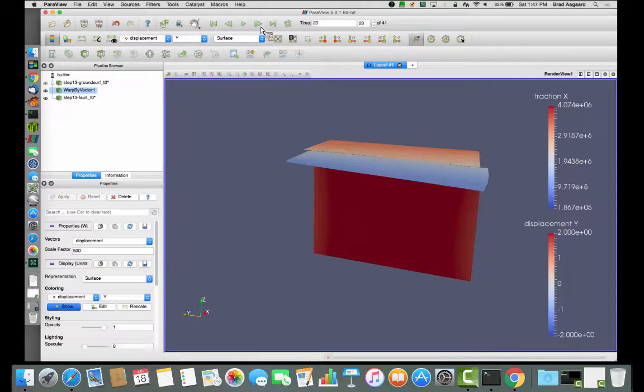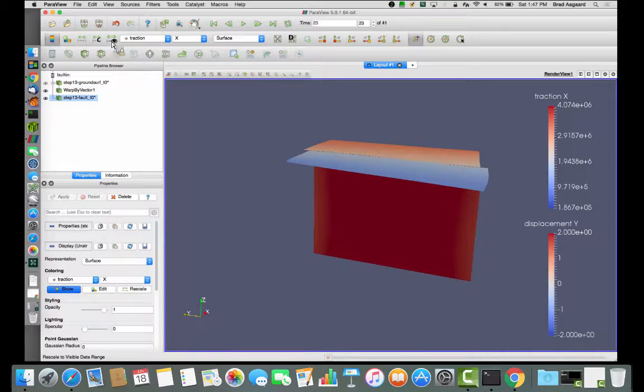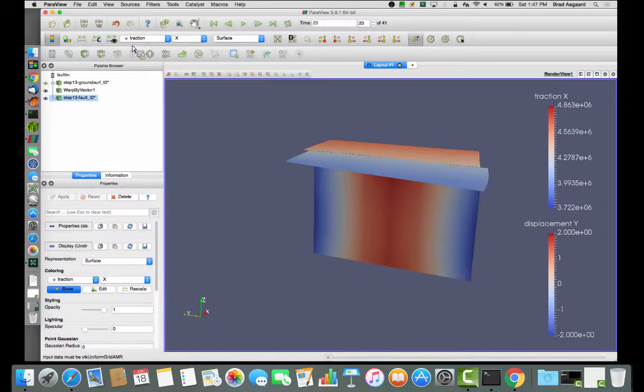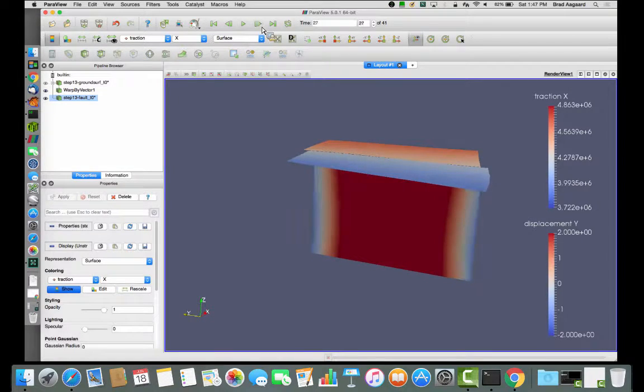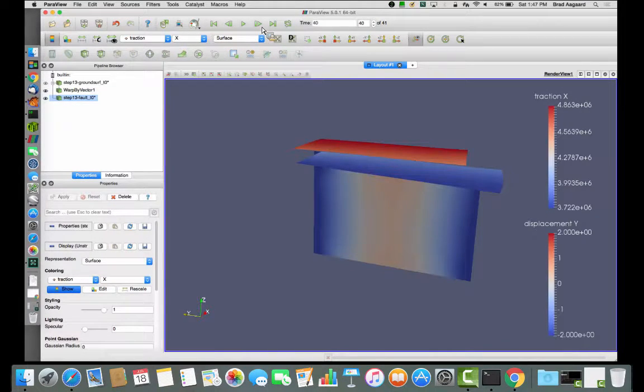Slip. And so I need to rescale my tractions here. Build up stress, slip, build up stress, slip. You can see the stress is building up in the middle and then the slip.